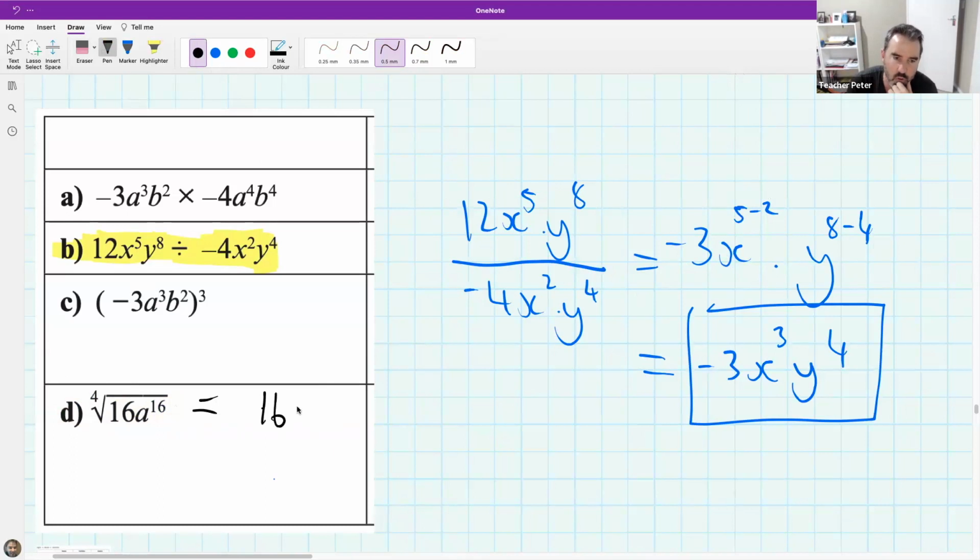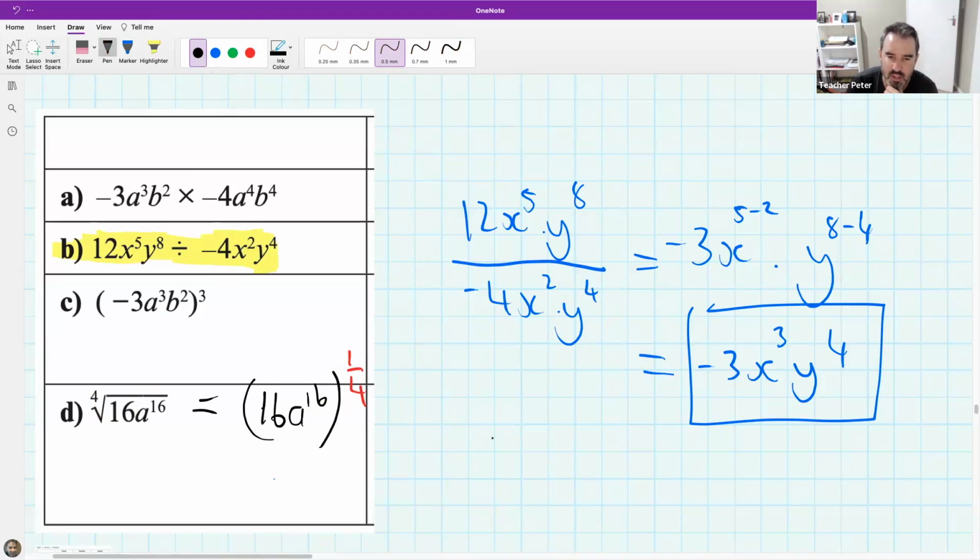Okay, so would you have learned that actually I could replace this with this? This means the same thing as 1 over 4. Yes. If you see the fourth root of something, it's the same as raising it to the power of a quarter.